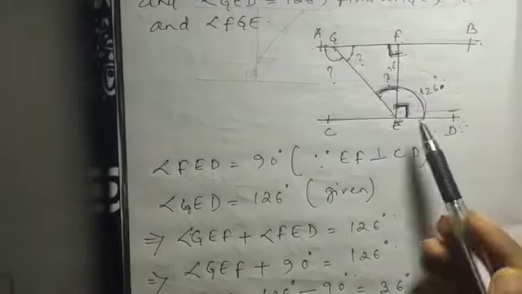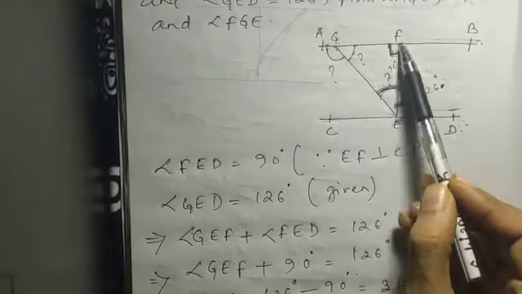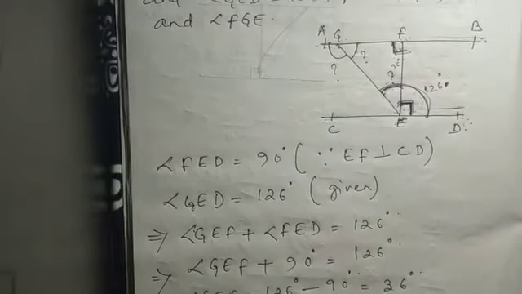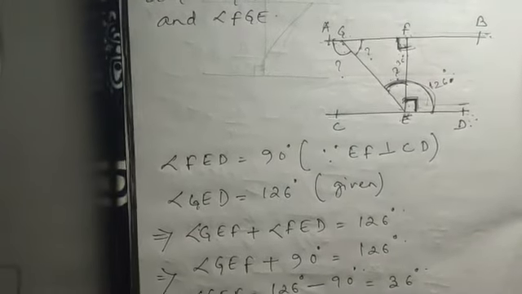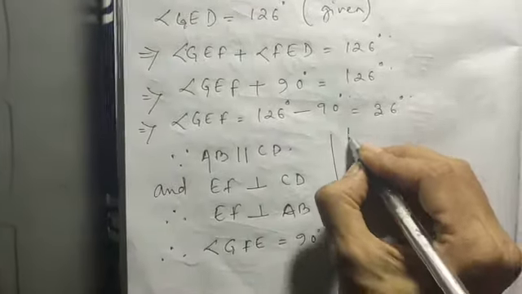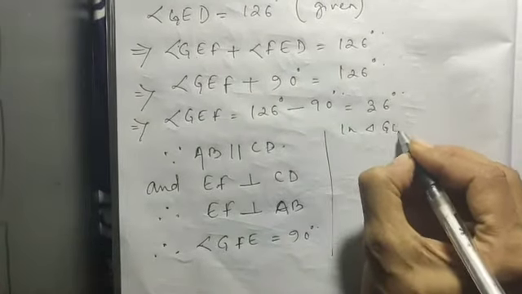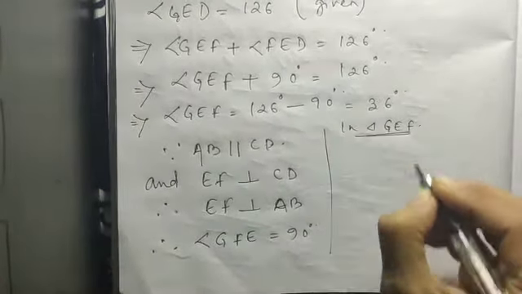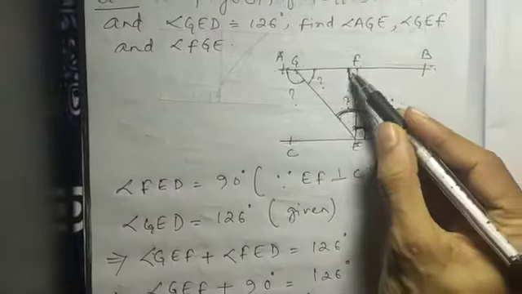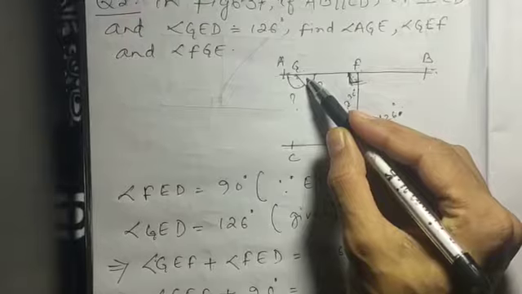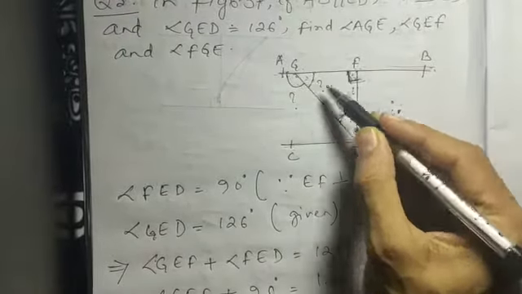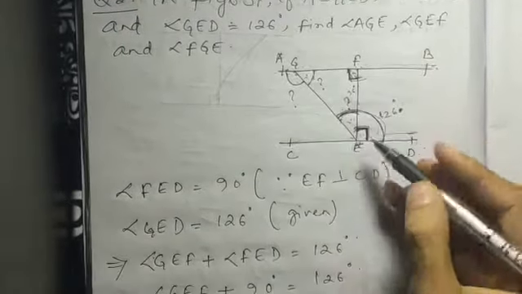So now see, in triangle GEF, this angle plus this angle plus this angle is equal to 180. Yes or no? The sum of these three angles is equal to 180.